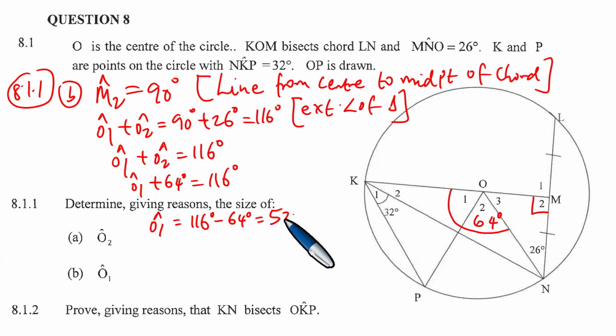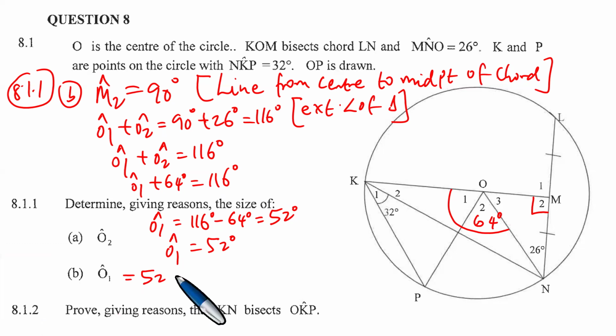And this is 52 degrees, meaning angle O1 is 52 degrees. So these are the kinds of things that you need to note, meaning the angle O1 here is actually 52 degrees.